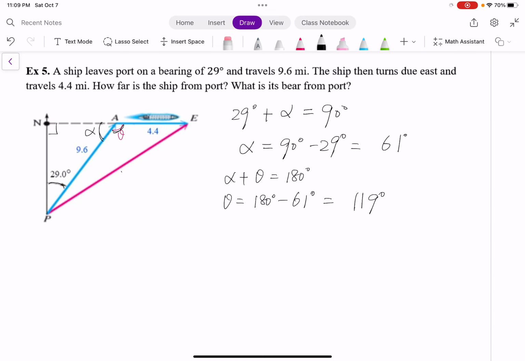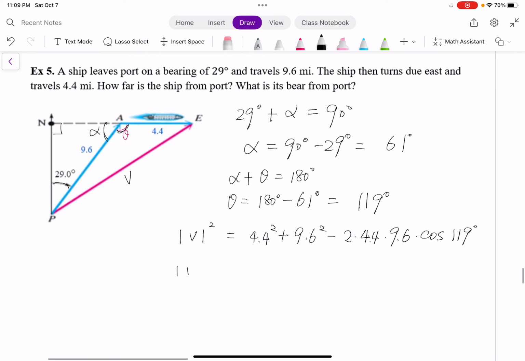I'm looking for the magnitude of the opposite side. Maybe we can just say the vector here is v, to make it easy. So the magnitude of v squared equals 4.4 squared plus 9.6 squared minus 2 times 4.4 times 9.6 times cosine 119 degree.